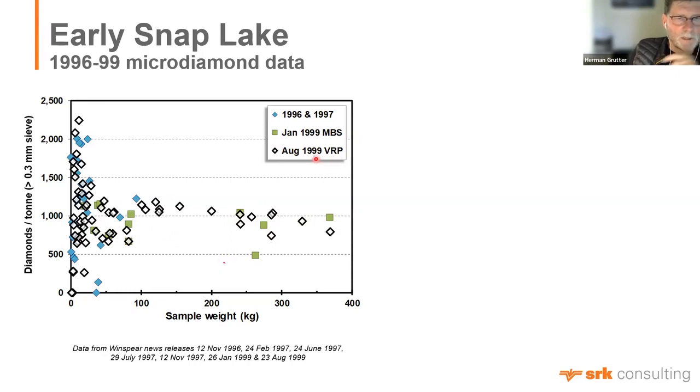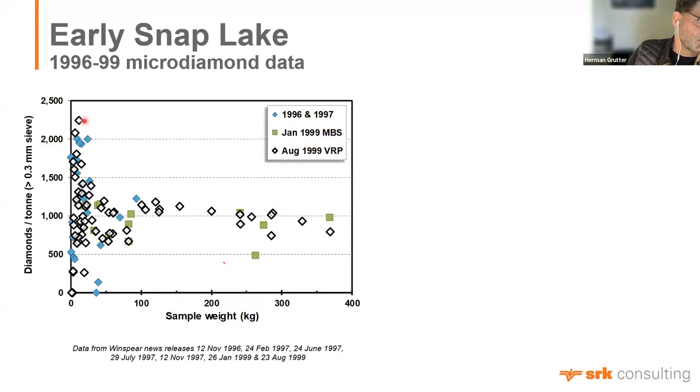And then in August 99, they launched what they called the value recognition program, which entailed 3 or 4 core drills running night and day to recover microdiamond data, recover core from depth in this sheet-like system.